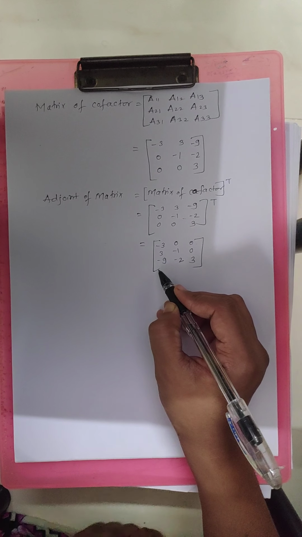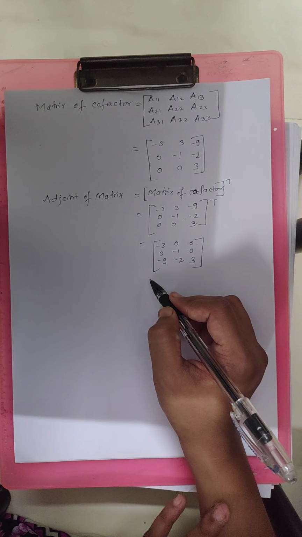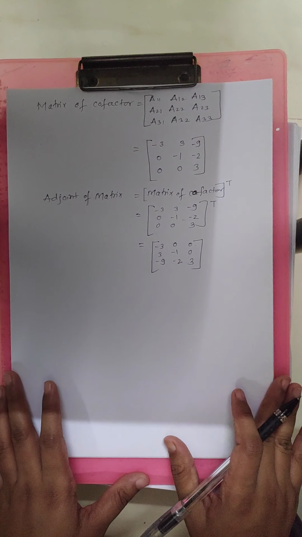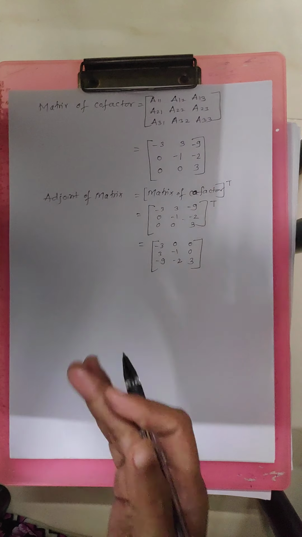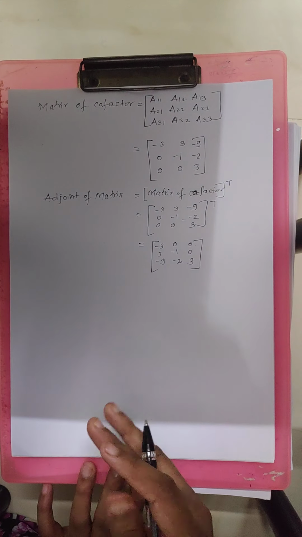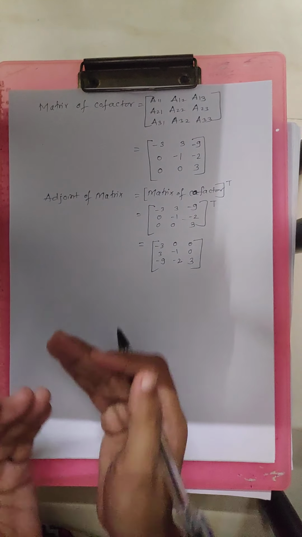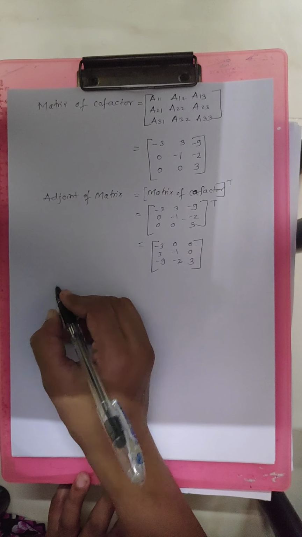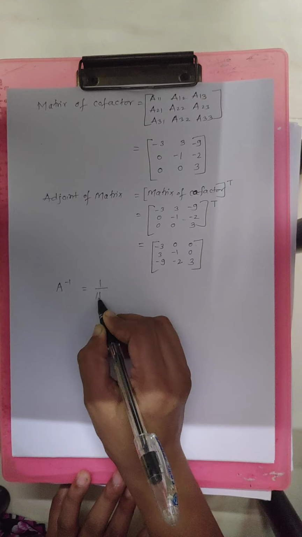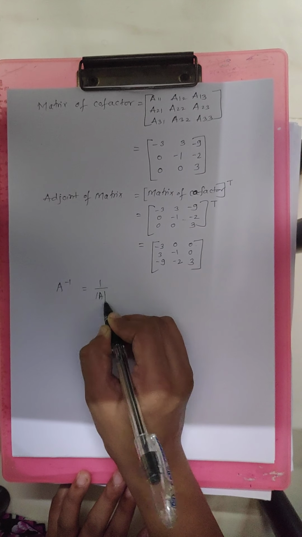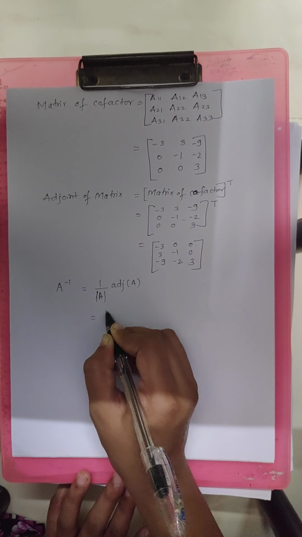In the previous lecture we had seen how to find the adjoint of a matrix. So now we will proceed further to find the inverse using this adjoint of the matrix. Now we will find the inverse. So A inverse is what? 1 upon the determinant of A into the adjoint of A. So what is the determinant of A?